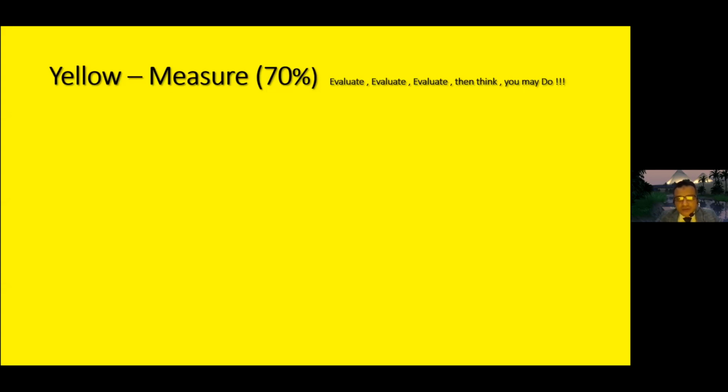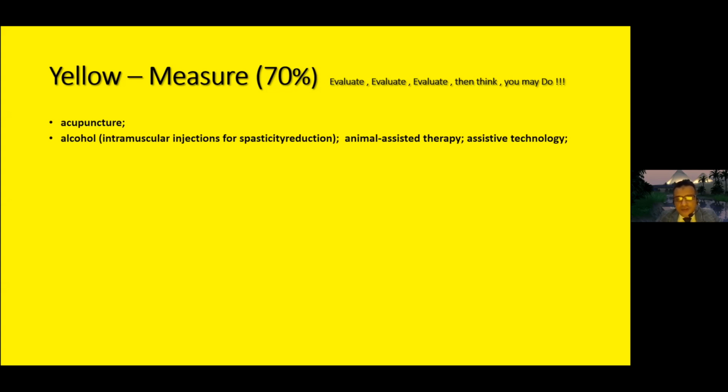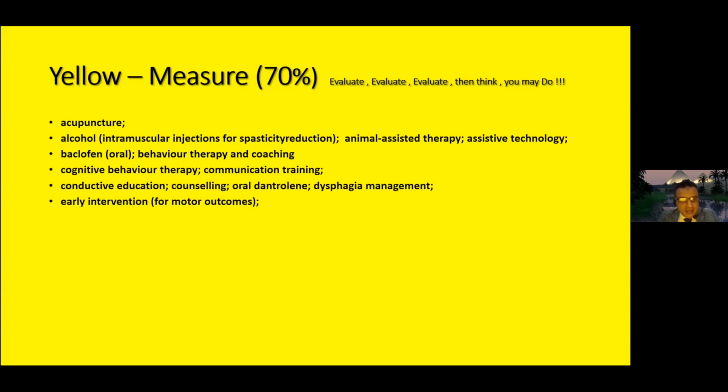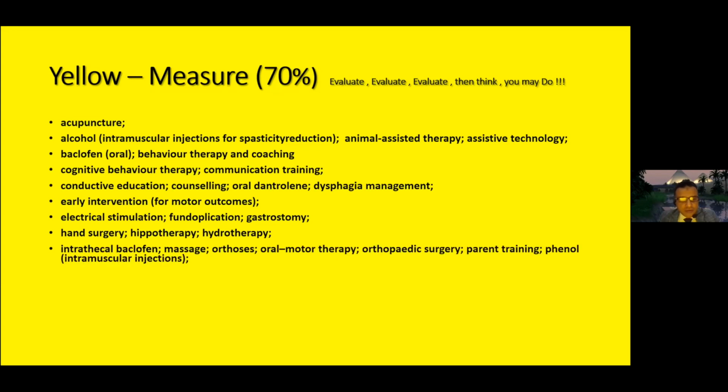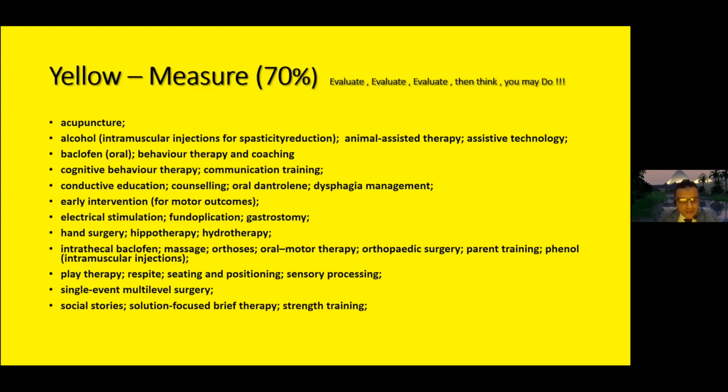Most procedures had a moderate or low level of evidence, and we should think before applying them to children with cerebral palsy spasticity, like baclofen or intrathecal baclofen, or some orthopedic techniques like hand surgery, or procedures like single event multi-level soft tissue lengthening, and many other techniques.